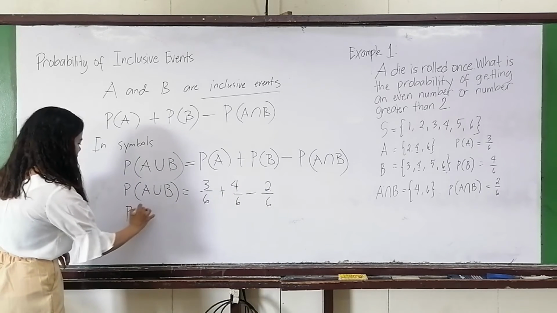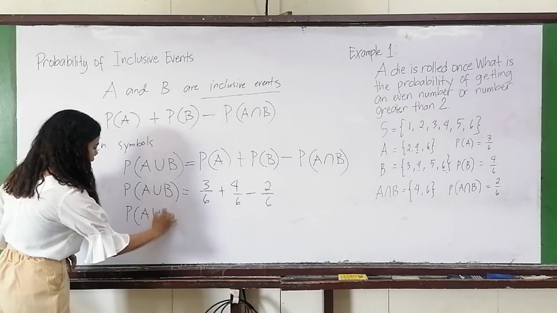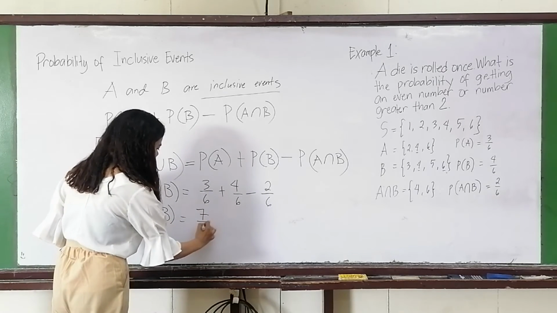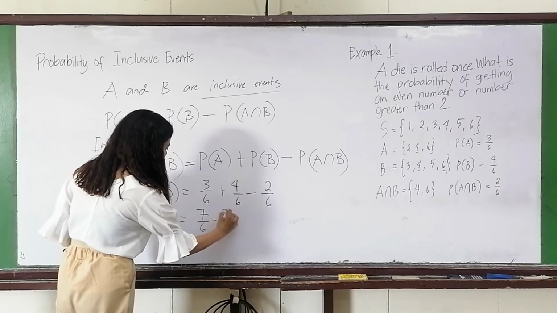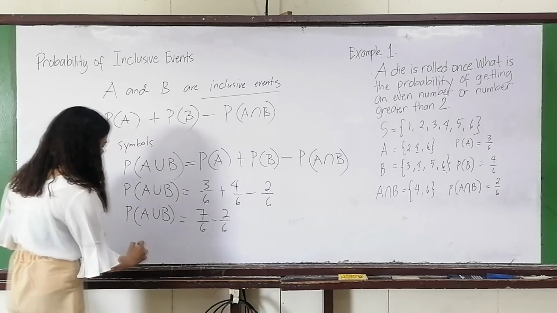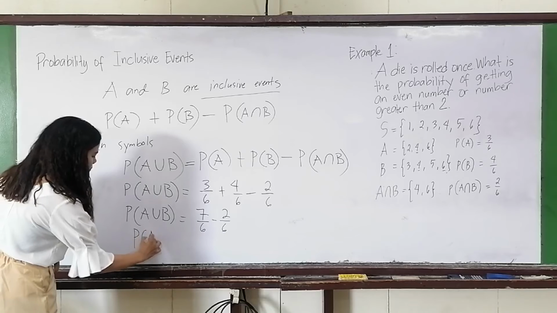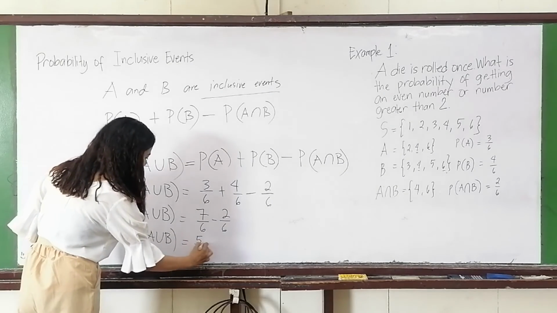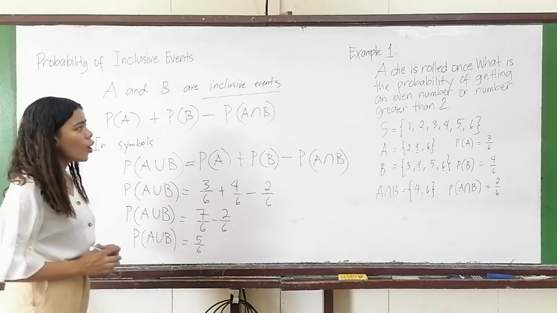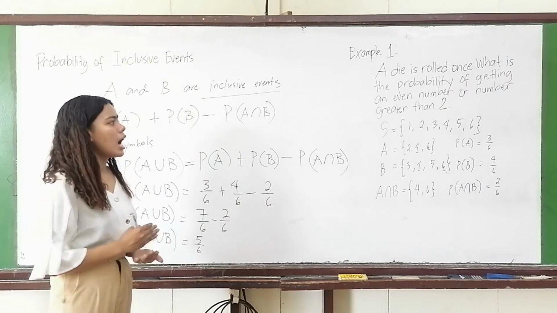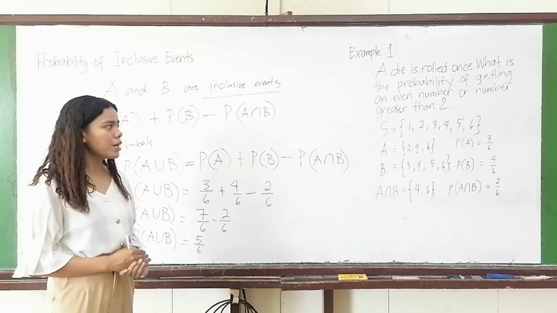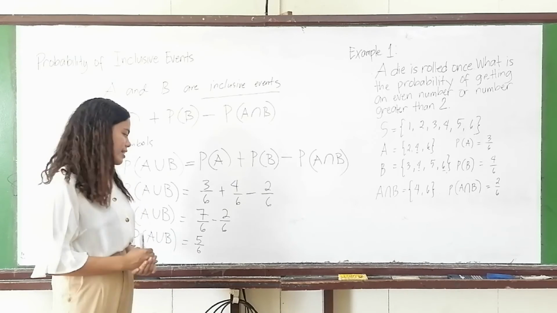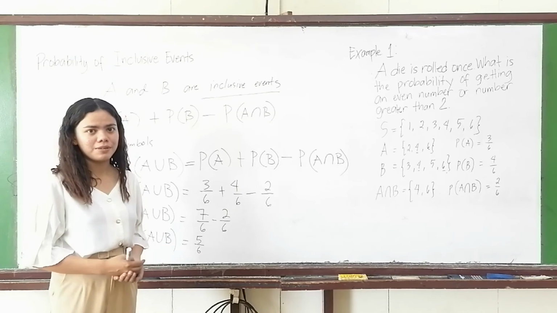So the probability of A union B is equal to 7 over 6 minus 2 over 6. So we have 5 over 6. Therefore, the probability of getting an even number or a number greater than 2 when we roll a die once is 5 over 6.